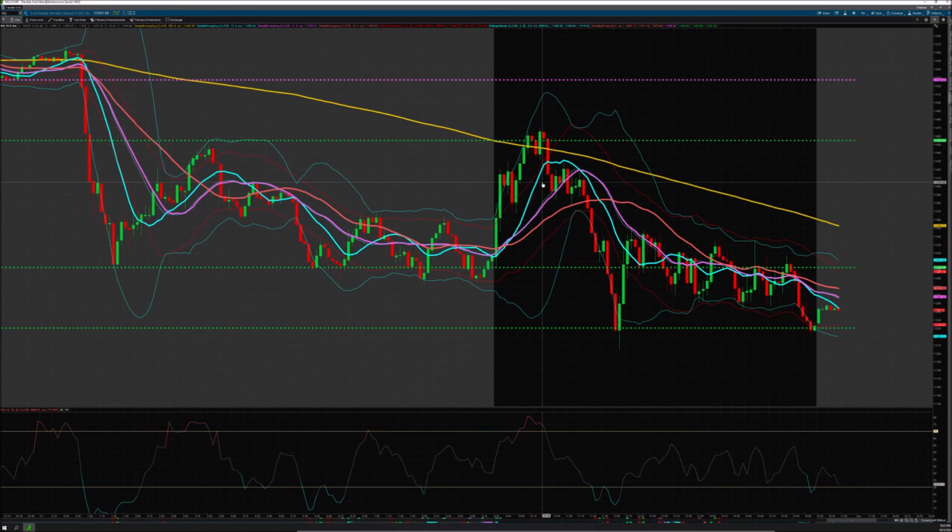Any questions on that? The Woodie's pivots are based on price, like the fibs are also based on price. It's just by percentage.